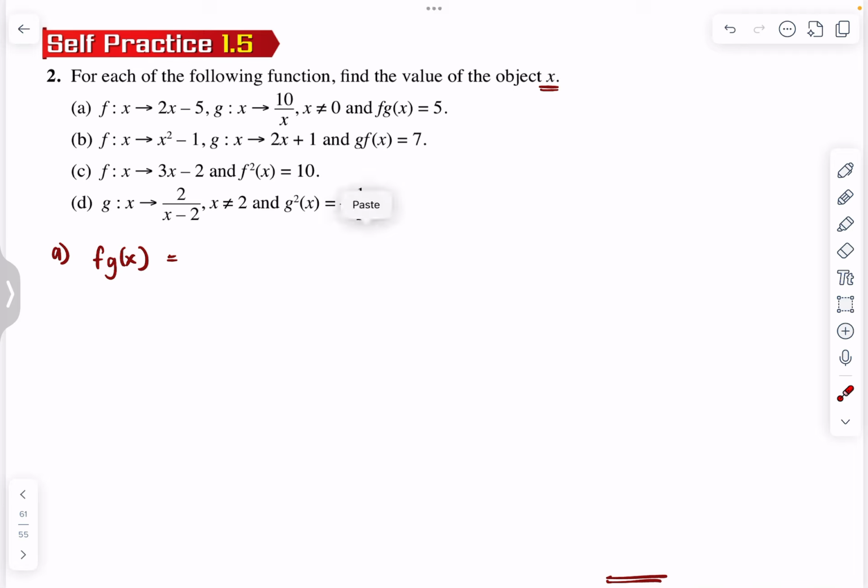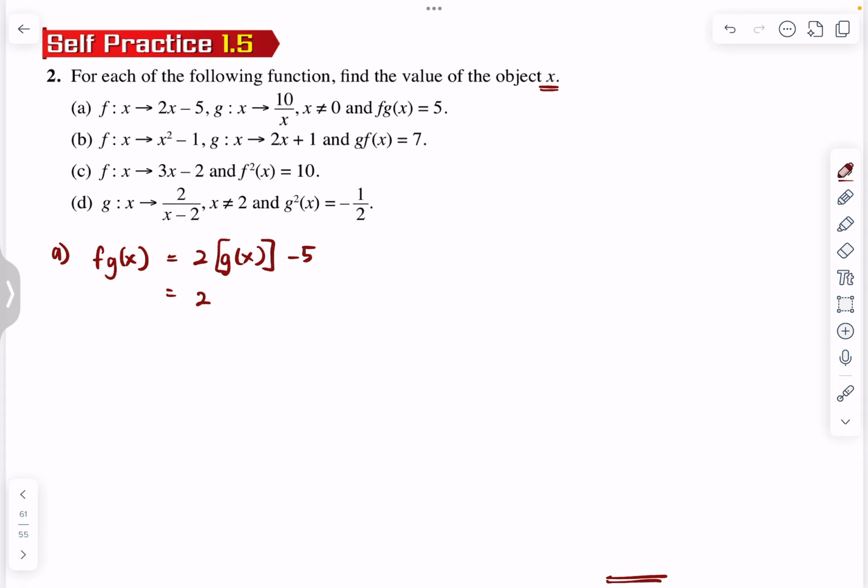So if f(x) is 2x minus 5, f(y) is 2y minus 5, f(g(x)) would be 2g(x) minus 5. Then we sub the g(x) inside here.